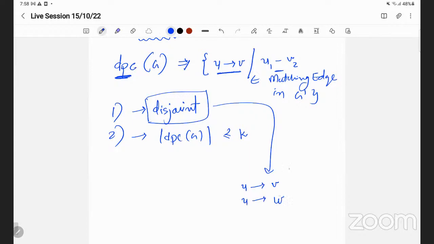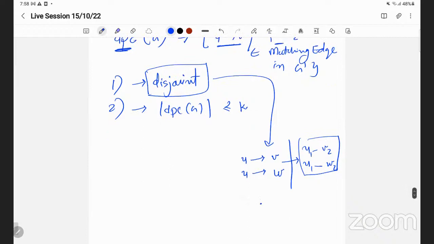But can it happen? Suppose that is the case, then in the G prime, what we can say is there is an edge from U1 to V2 and there is an edge from U1 to W2, and both of these edges are part of the maximum matching. But this will contradict that this is a matching, because vertex U1 is appearing on two edges. So this is not a matching. So due to this contradiction, the edges that we added in the disjoint path cover from U to V will represent a union of disjoint vertices, right?